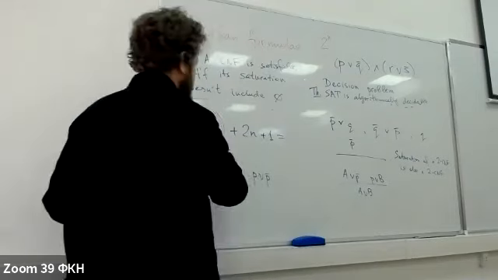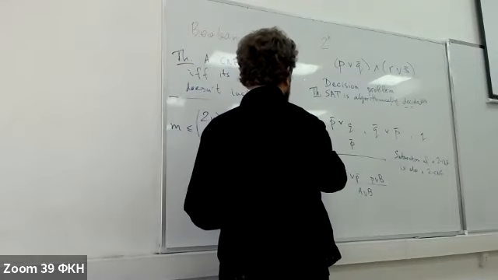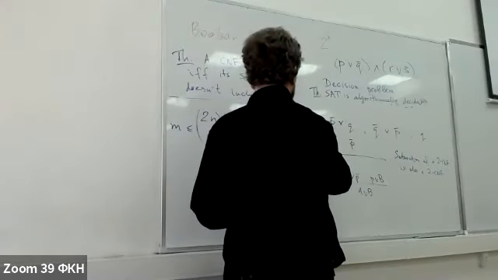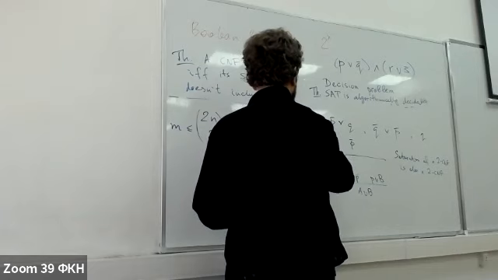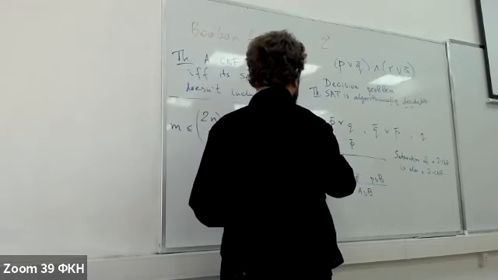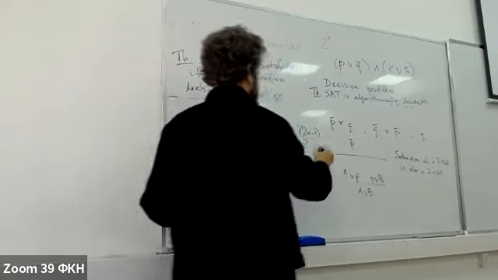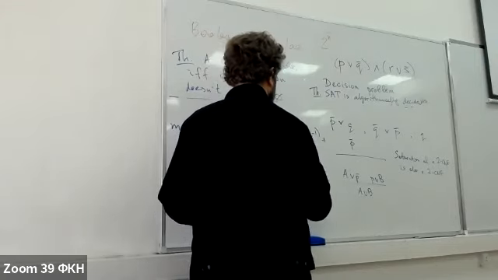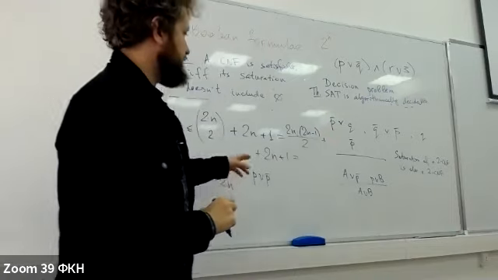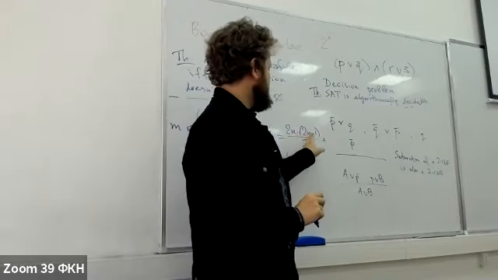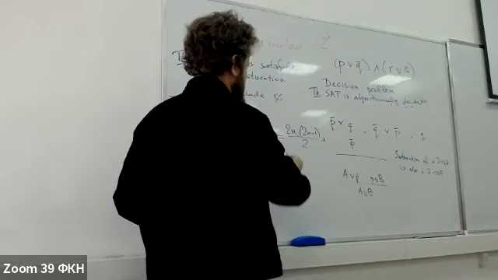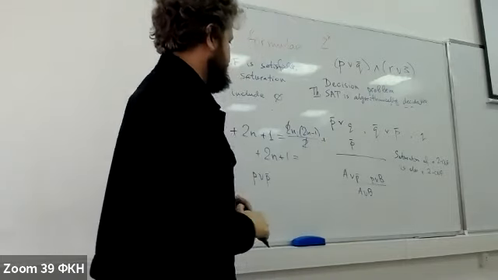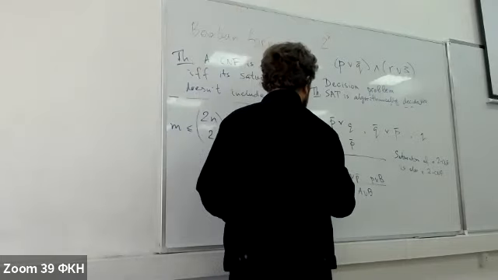So what is this binomial coefficient? It is 2n multiplied by 2n minus 1, divided by 2, plus 2n plus 1. Let's compute. Here we can just cancel this 2. We have 2n squared.